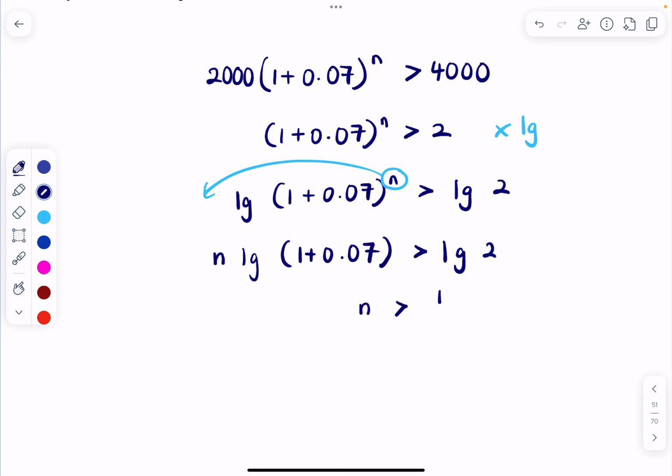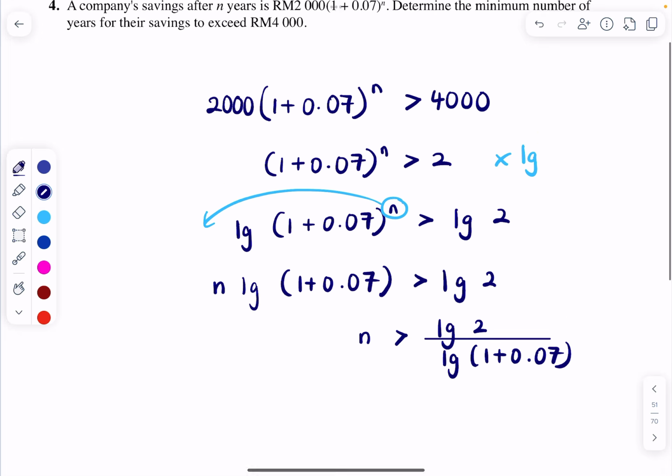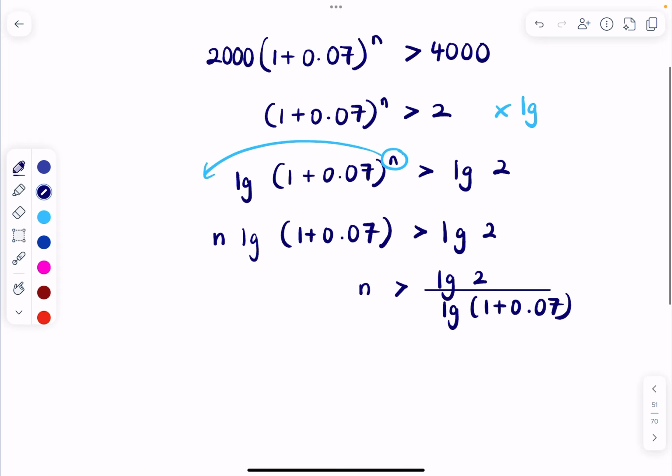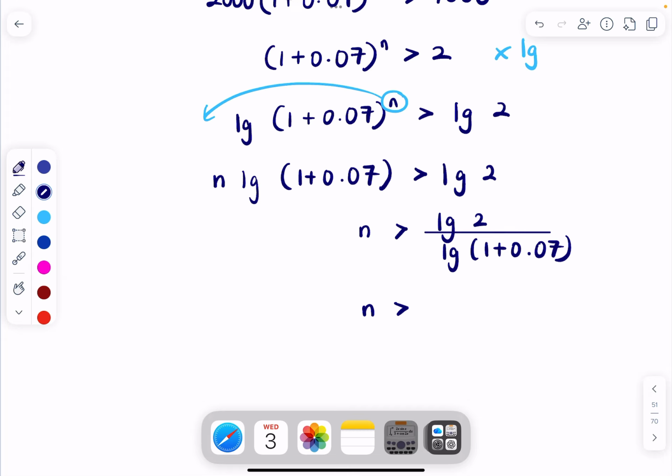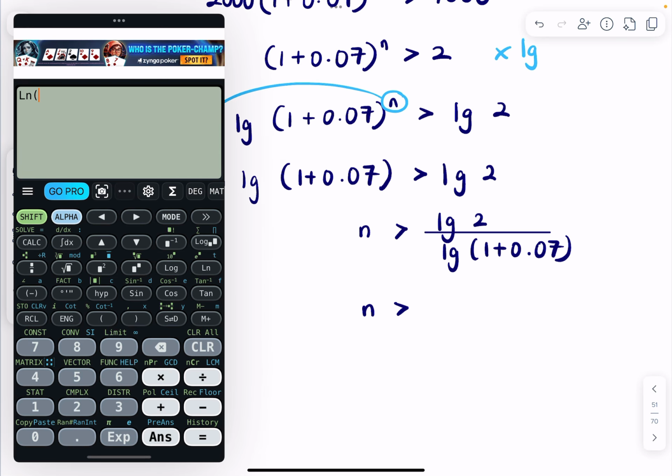So n is log 2 divided by log (1.07). Okay, 1 plus 0.07. Okay, correct. So now let's make n the subject. So you just type in the calculator, log 2 divide log (1 plus 0.07).